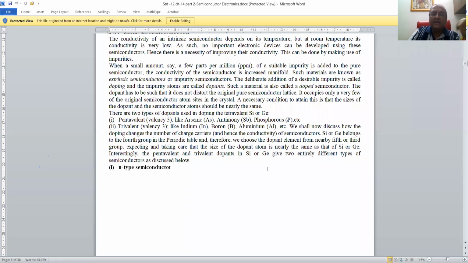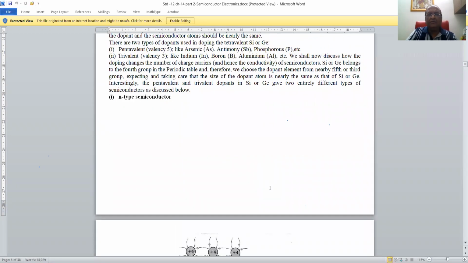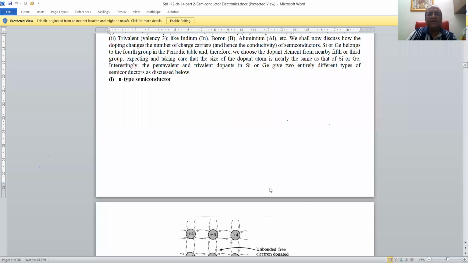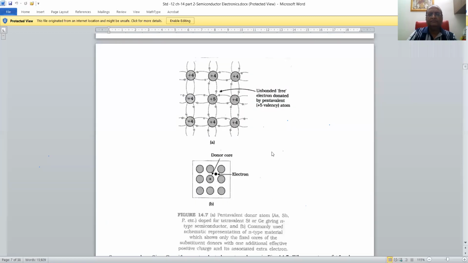Okay. Now, scientists studied this thing. If some impurities are added in a pure intrinsic semiconductor, then its conductivity can be drastically changed. See, now first we think about the N-type semiconductor.